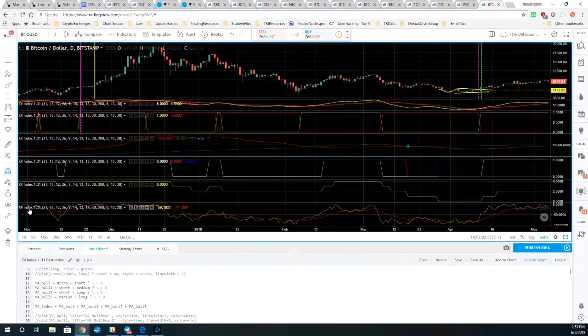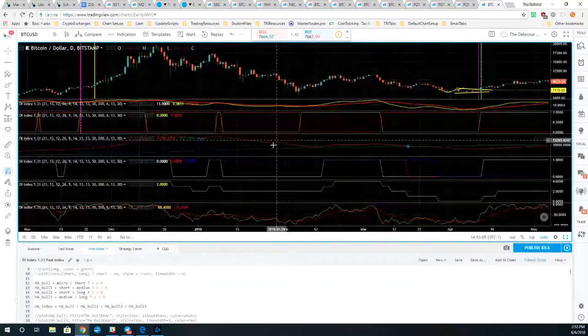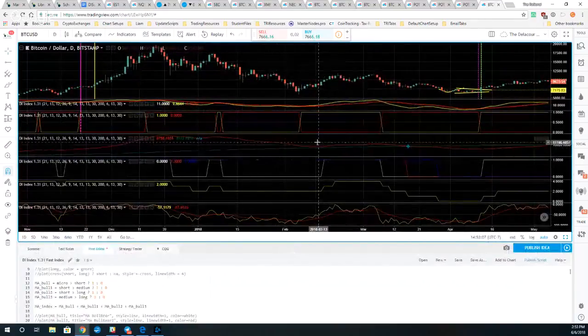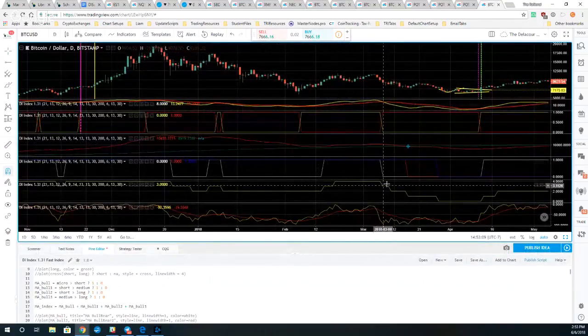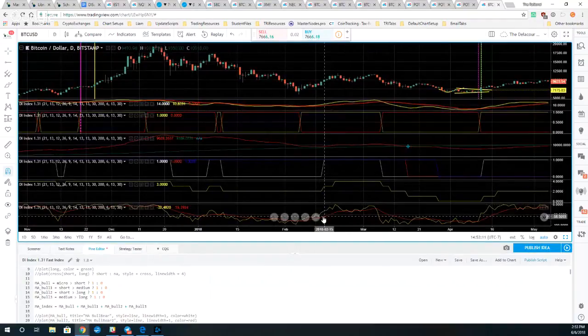Now we've put the Willie on here, right? And we could go and, so there's the moving averages, all the moving average scores, the moving average index. There's the Willie. We could put on the Willie scores, and then we could put on the Willie index. That make sense? Yep. That answer your question? Yes. Exactly. Okay.